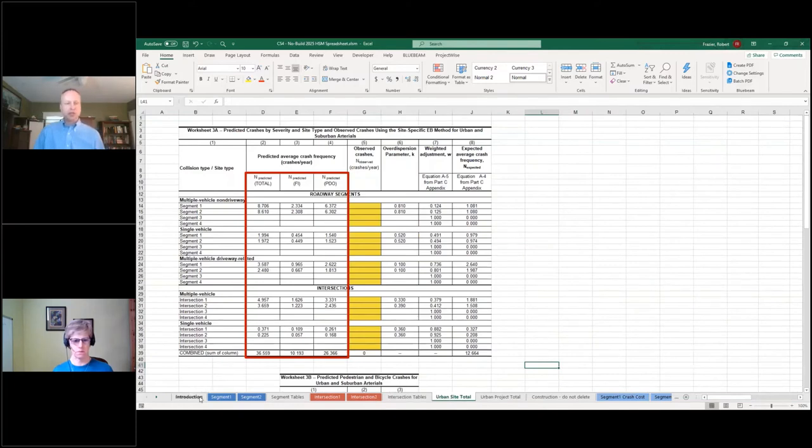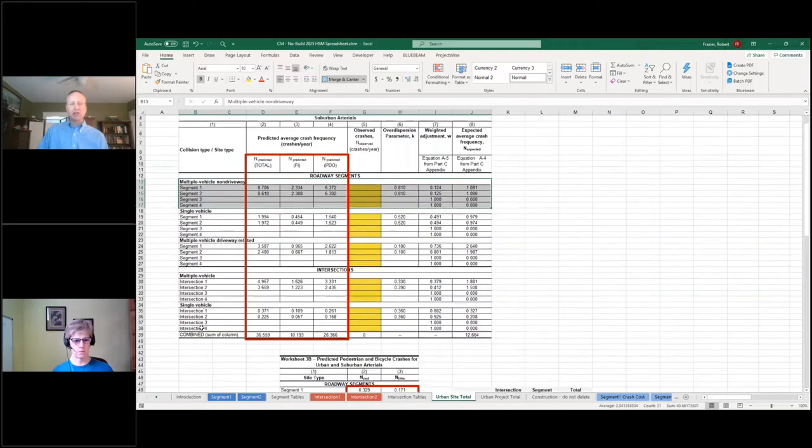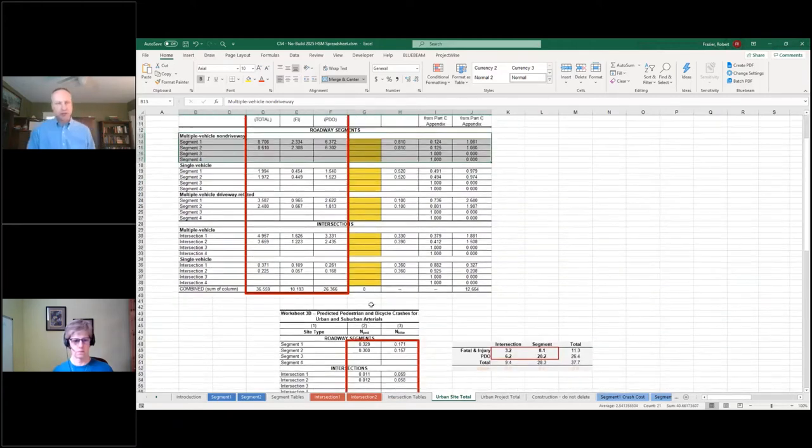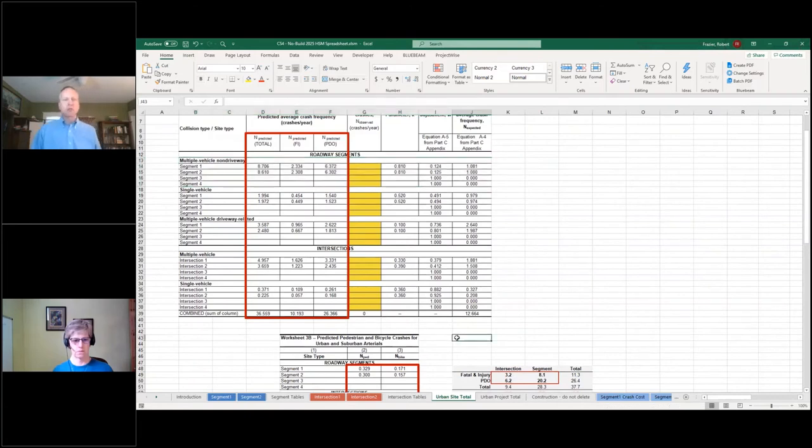It is tab number 8 from the left, the urban site total tab, and it provides a summary of the crashes by type of crash and segment, and type of crash and intersection. It also provides a summary of the bicycle and pedestrian crashes. And so this is one place you can go.